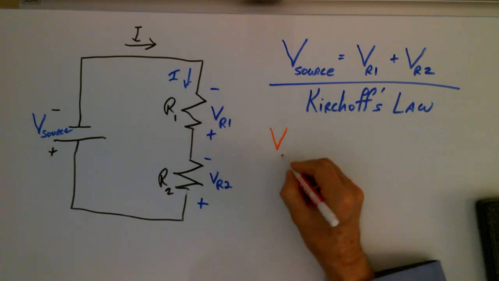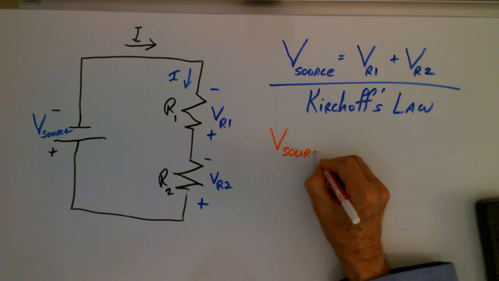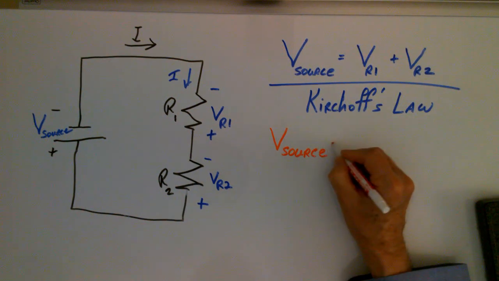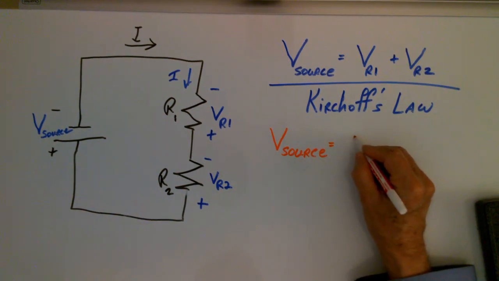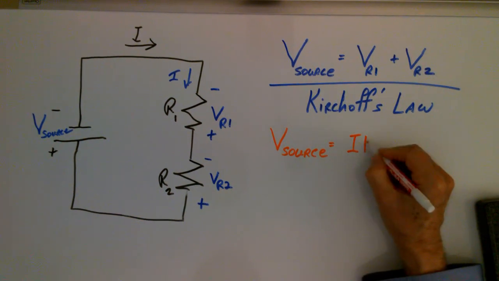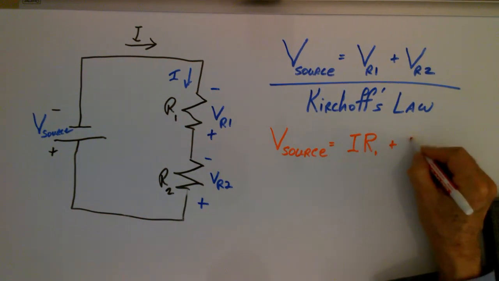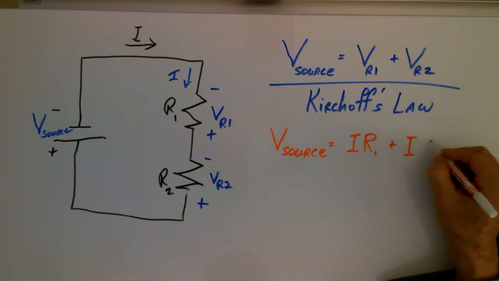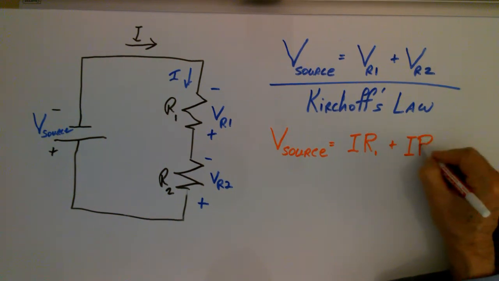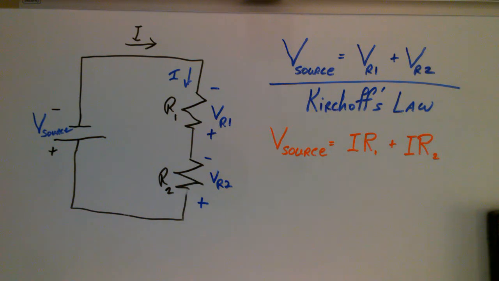the voltage source, and by the way, that's the voltage applied, the same thing, would be equal to the current times the value of resistor 1 plus the current times the value of resistor 2, right? You recognize Ohm's law, right? V is equal to I times R. The current will be the same in both of these.